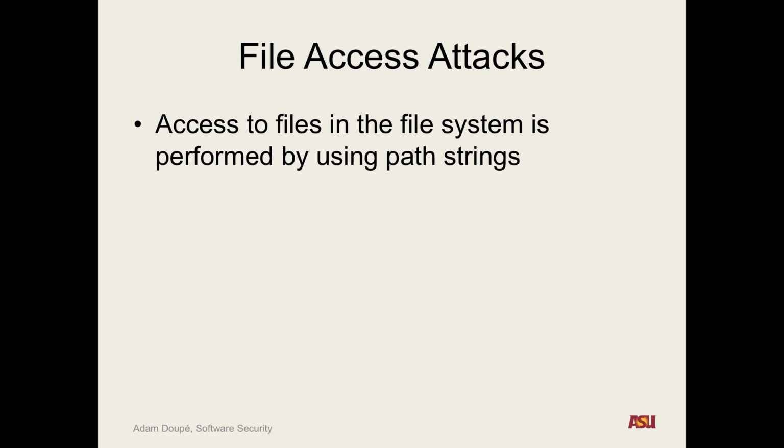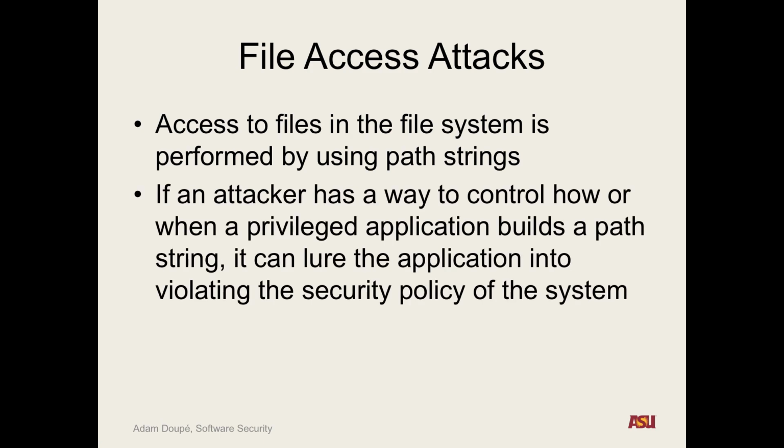So maybe by running our program in a certain folder, we could change what files it actually opens and writes. File access attacks very broadly are all about this: can we trick an application into violating security just by messing with what files it's opening, what things it's reading, all that kind of stuff.